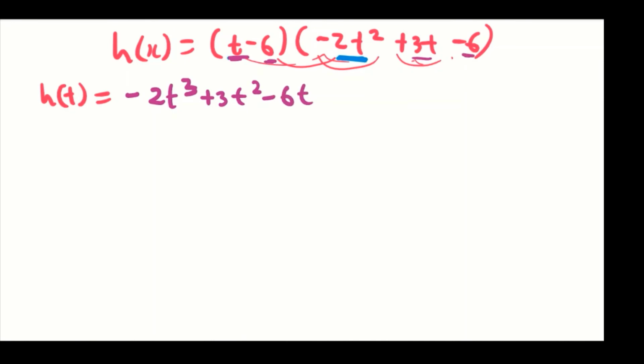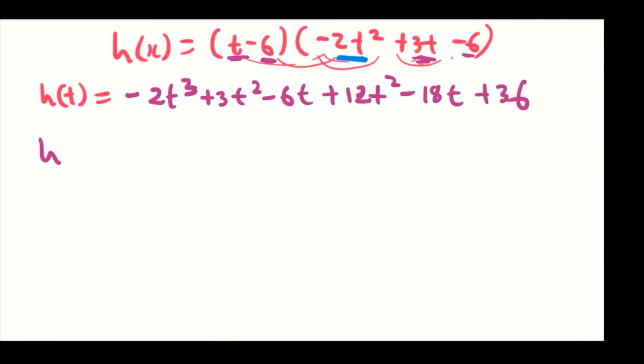Then minus 6 multiplied by minus 2t squared is plus 12t squared, and then minus 6 multiplied by 3t is minus 18t, and then minus 6 times minus 6 is plus 36.